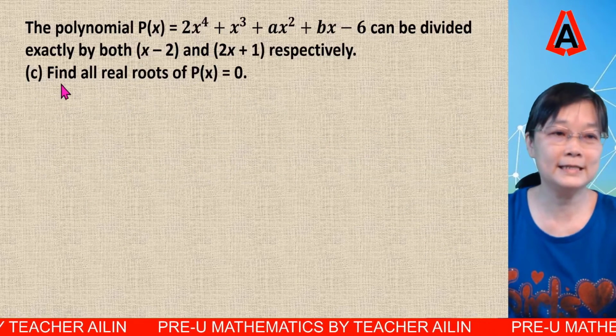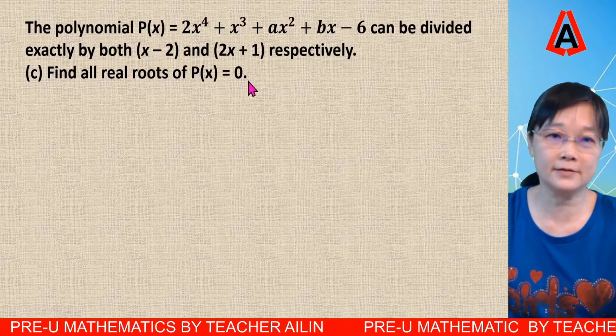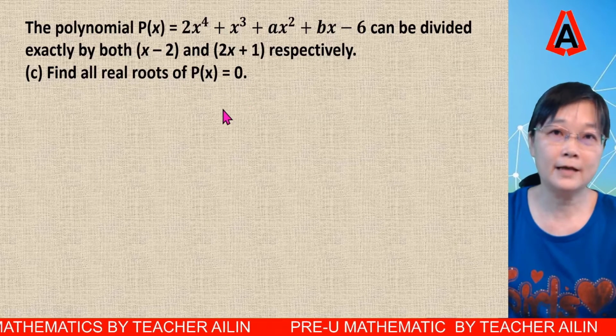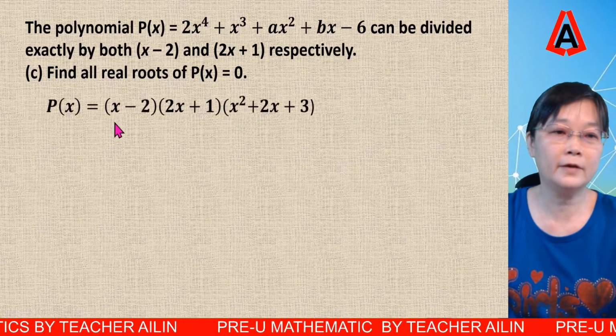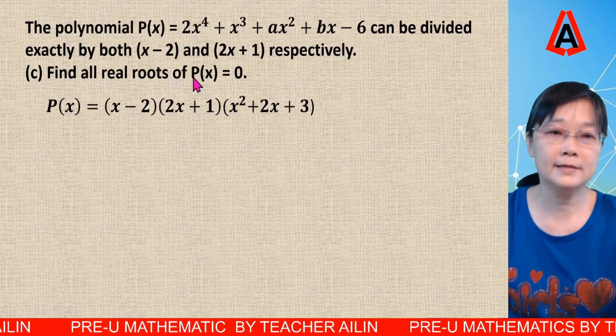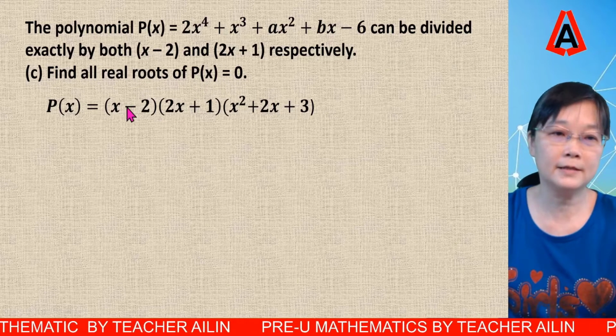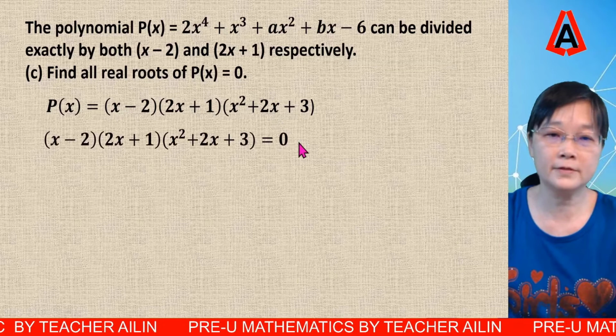Now question C, find all real roots of p(x) equals 0. From the answer of part B, we have already factorized the polynomial. And since we are given that p(x) equals 0, it means that this product is equal to 0.